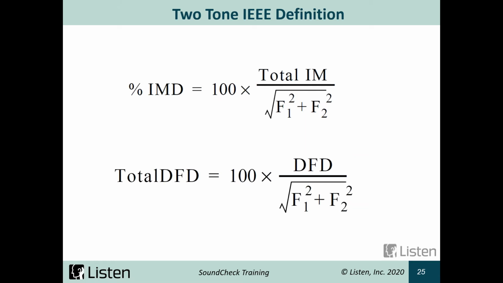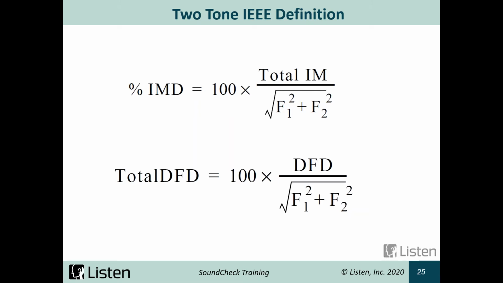IEC or IEEE will also affect how intermodulation and difference frequency is calculated. For IEEE, we're going to have 100 times the total intermodulation divided by the square root of F1 squared plus F2 squared, where F1 is the intermodulation fundamental and F2 is the fixed tone.